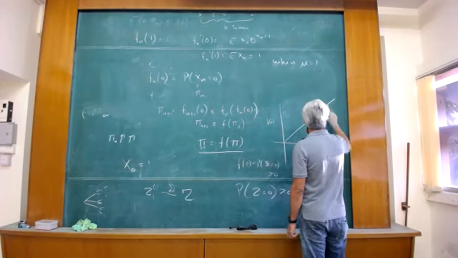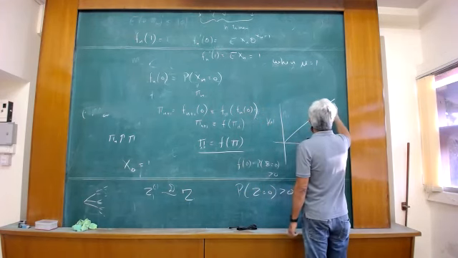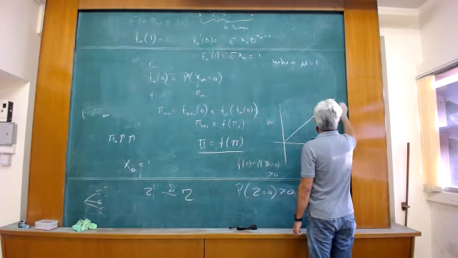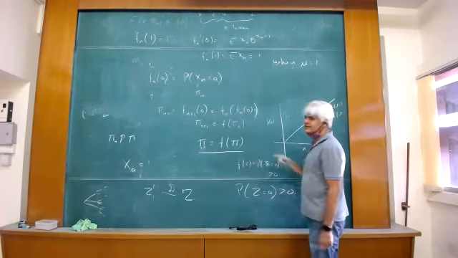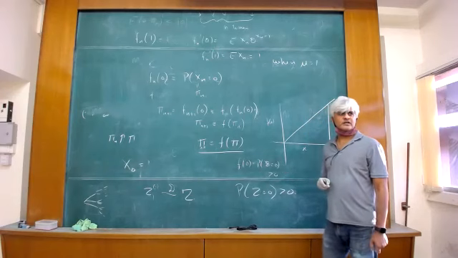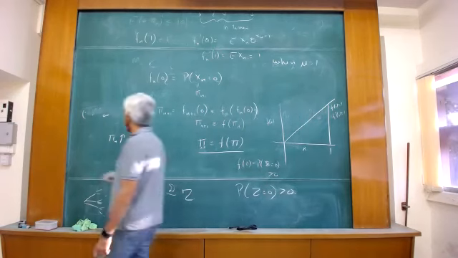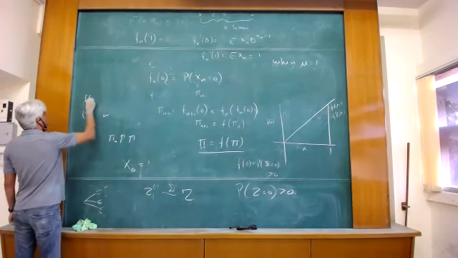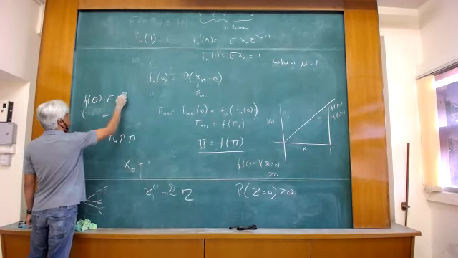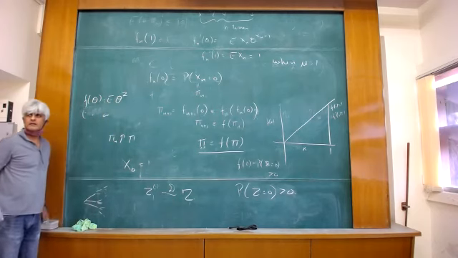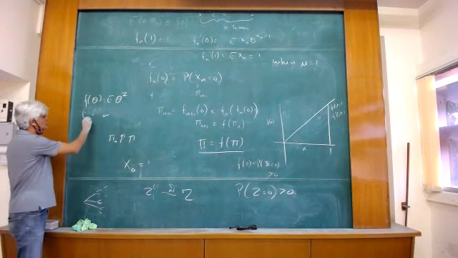At point 1, I need f of 1 to be equal to 1 and f prime of 1 to be equal to 1. And you can see that f is a non-decreasing function. f of theta is equal to the expected value of theta to the power of the offspring count, with x0 equal to 1.